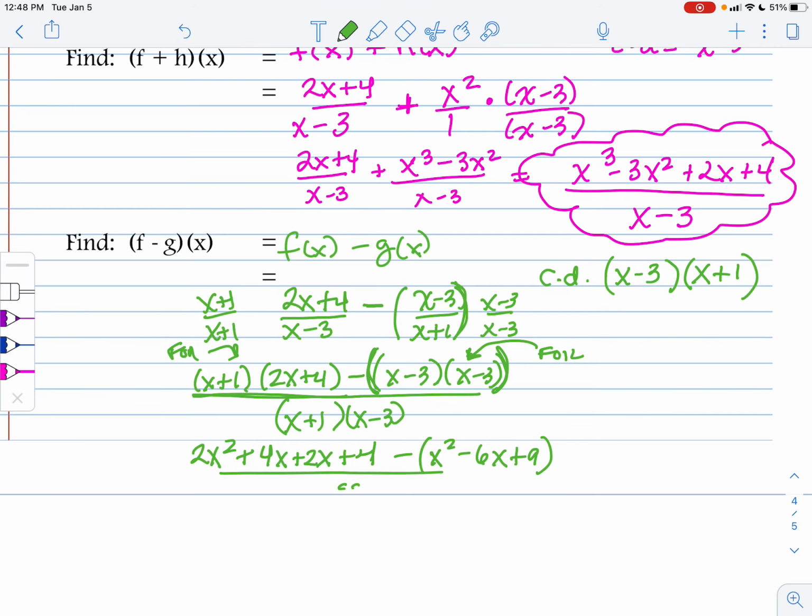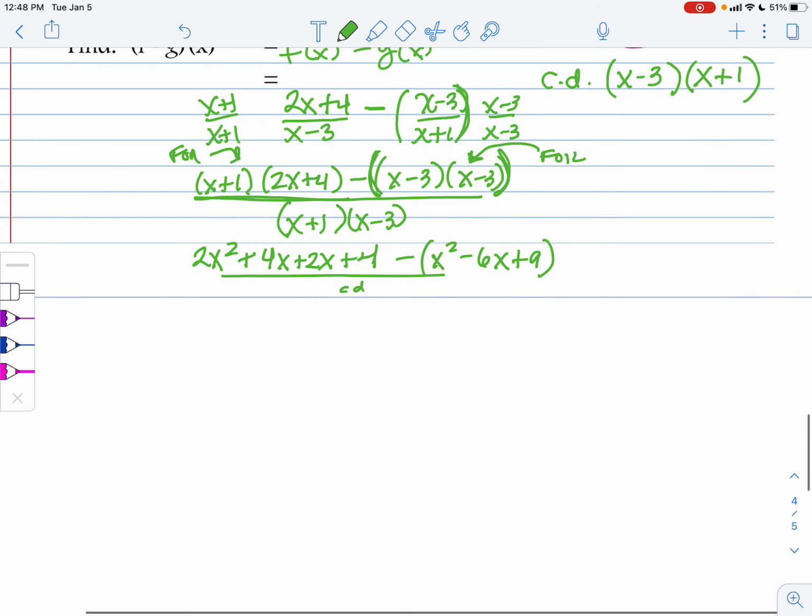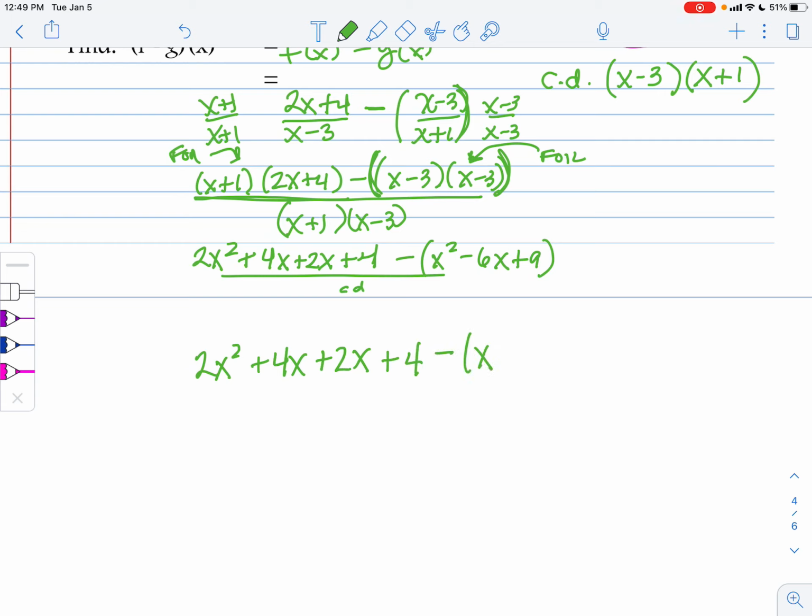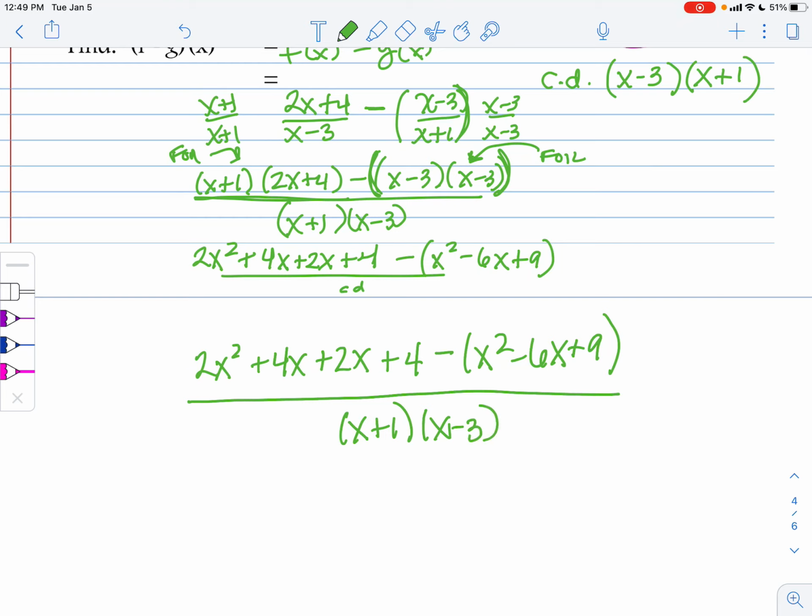All over my common denominator, which I'm going to draw down here one more time. I'm not doing anything now, I'm just giving myself more room. And that's all over our x plus 1, x minus 3. Now I'm going to distribute and subtract. If you don't distribute, you always forget. I always forget.